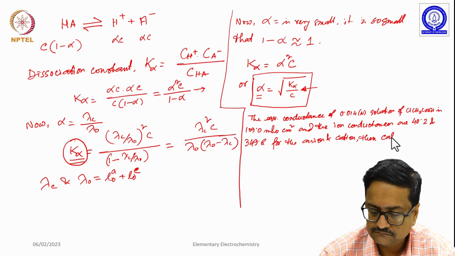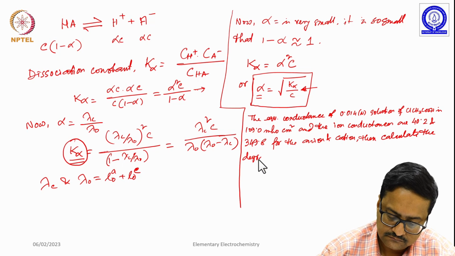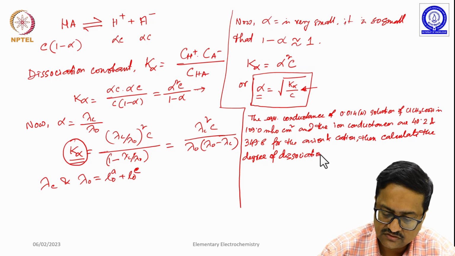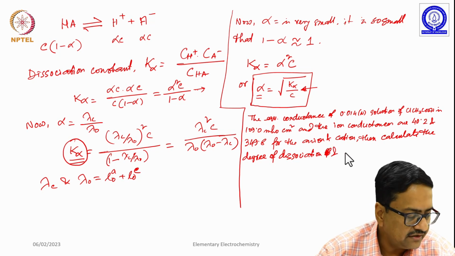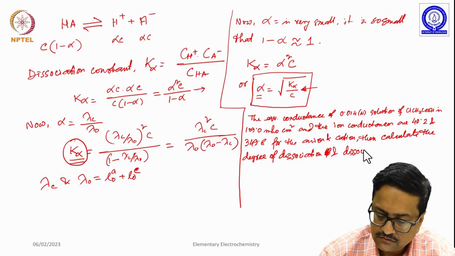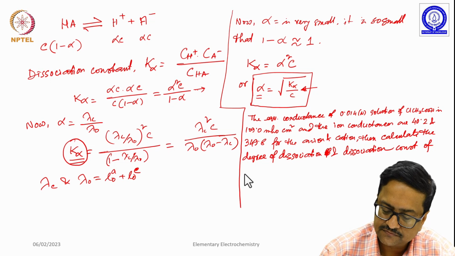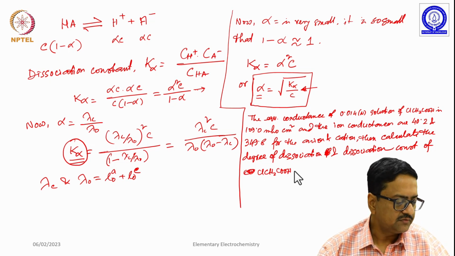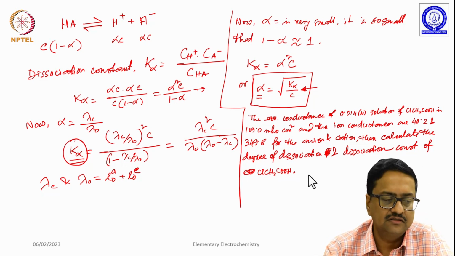Then calculate the degree of dissociation and dissociation constant of chloroacetic acid. Right? So it is possible to do this calculation using the method that I have just discussed today.